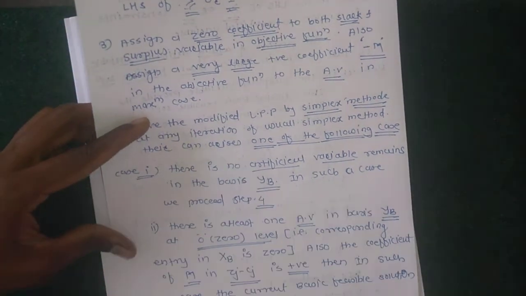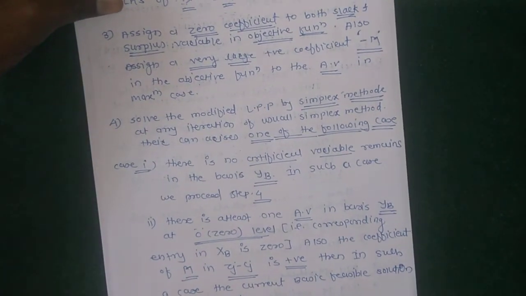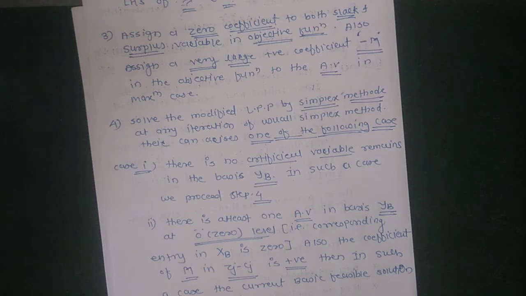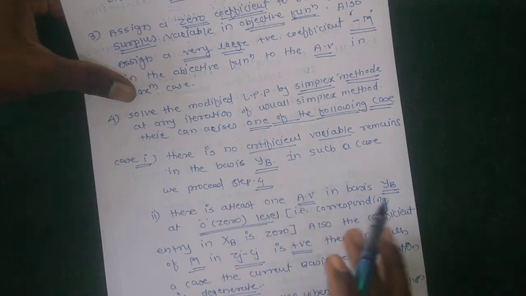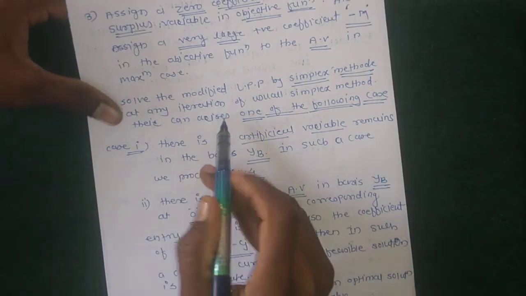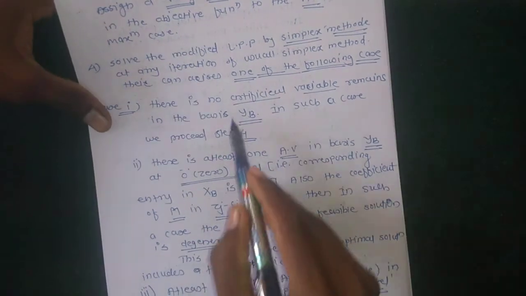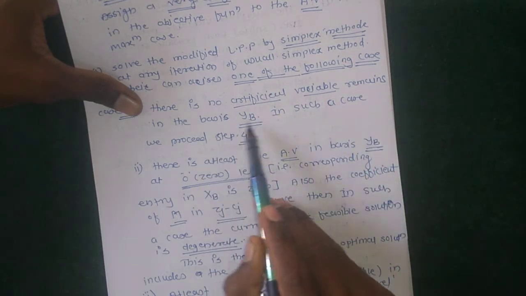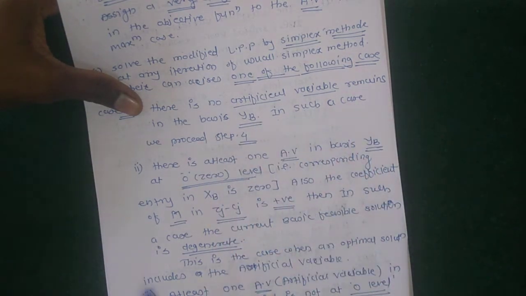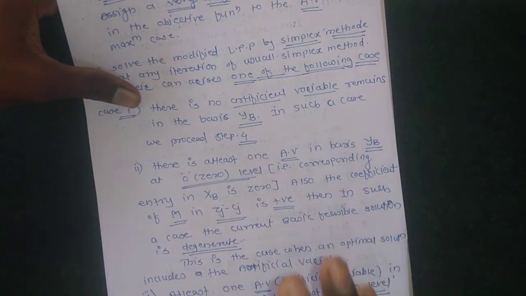And lastly, in the first simplex table, only write the slack and artificial variables, not the surplus variable. Then solve the given LPP by using the simplex method. When solving by the simplex method, there are three cases. Case 1: if there is no artificial variable remaining in the basis, meaning in the YB column, then continue the simplex method.